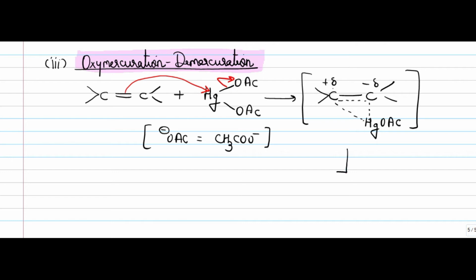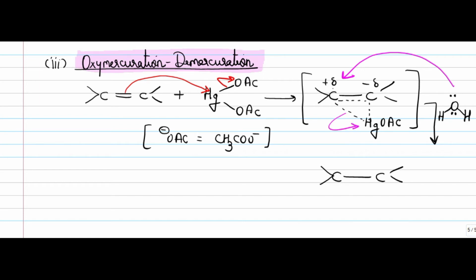The next step would be like water reacting onto it, or water getting added onto this, and you have C. And when this happens, you find that electrons now shift properly, and you have OH, H plus, and you have HgOAc.